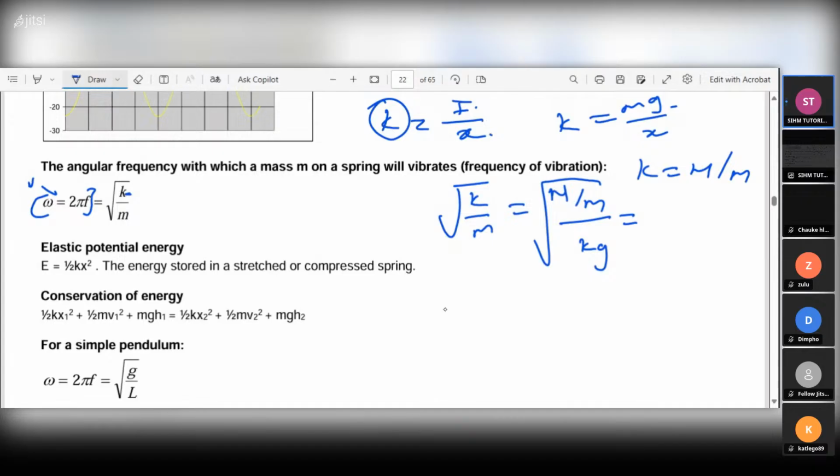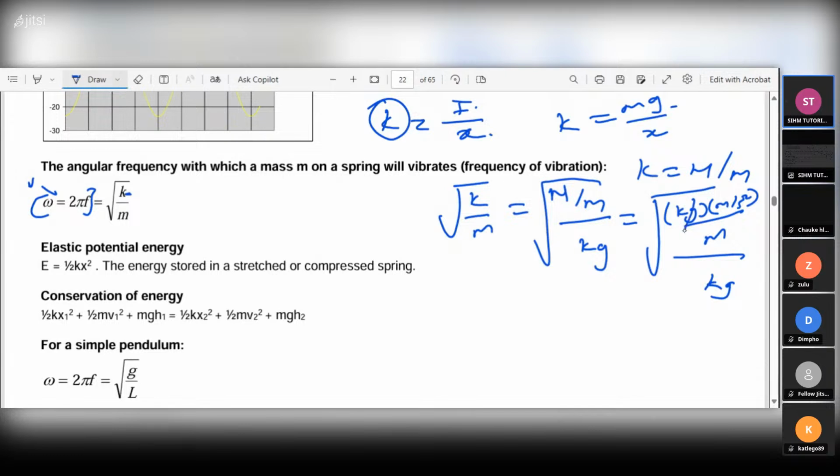Remember, as I said, Newton is equal to kg times meter per second squared. So it's going to be the square root of kg and then meters per second squared, divided by m, divided by kg.